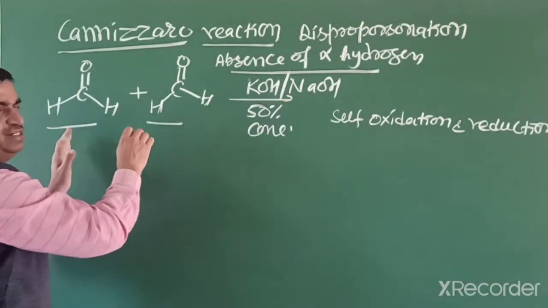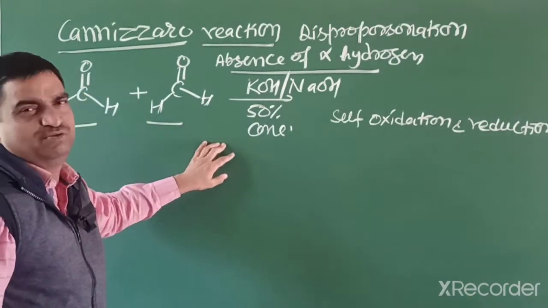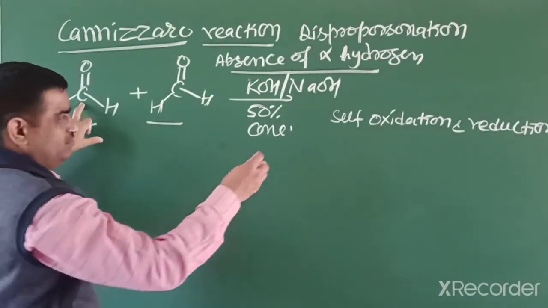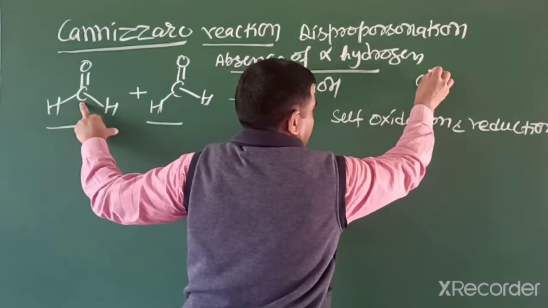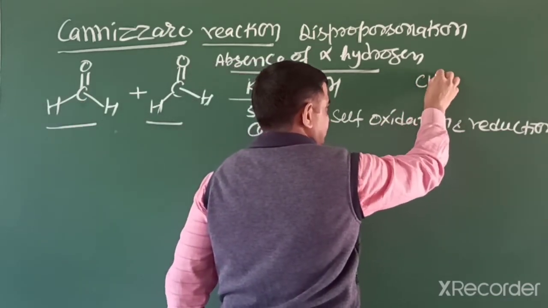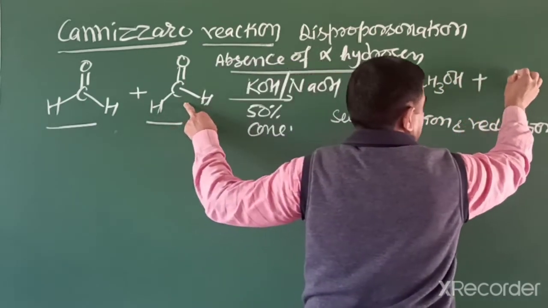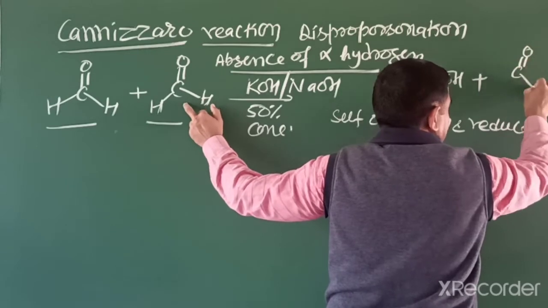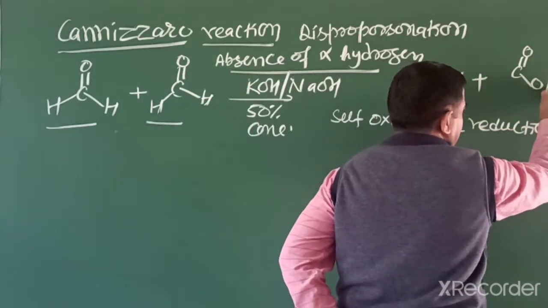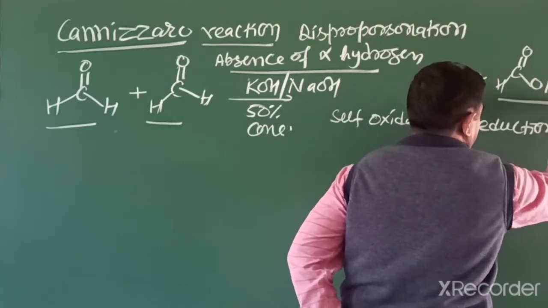One mole converts into alcohol, the other changes into a carboxylic acid sodium or potassium salt. Because when an aldehyde is reduced, it converts into alcohol. So a one carbon alcohol we can make. In this, the other one is oxidized and changes into a carboxylic acid salt. If the base is sodium or potassium, we get such a type of salt, either potassium or sodium.